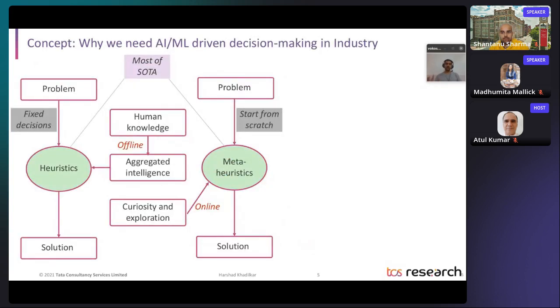In the state of the art, you either have heuristics, which are rule-based systems which make fixed decisions based on a given problem instance and give you fixed solutions, so there is no scope for further improvement. Or you have meta-heuristics such as genetic algorithms or simulated annealing, where you have curiosity, exploration, improvement, but it takes a very long time to produce solutions.